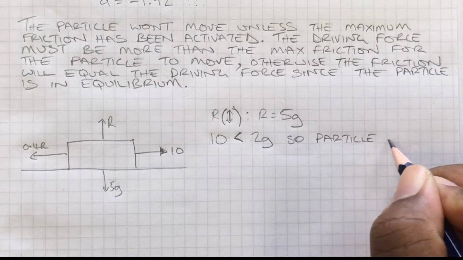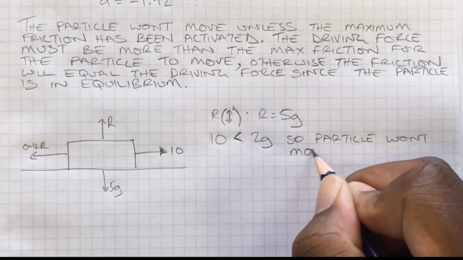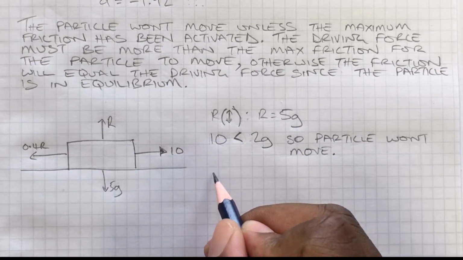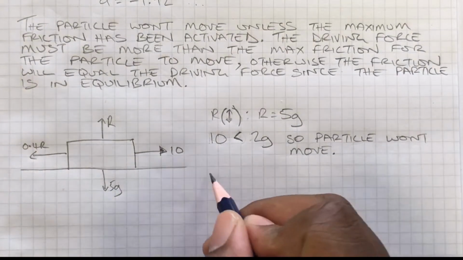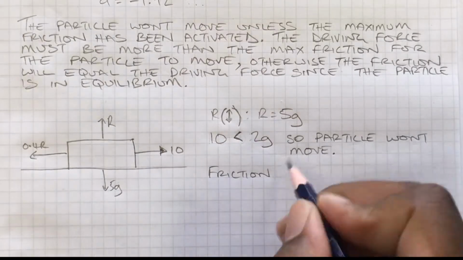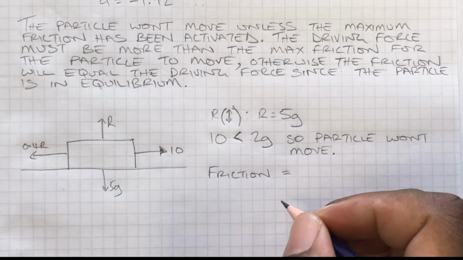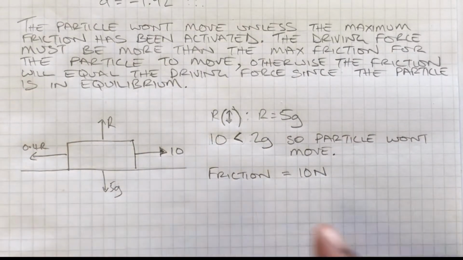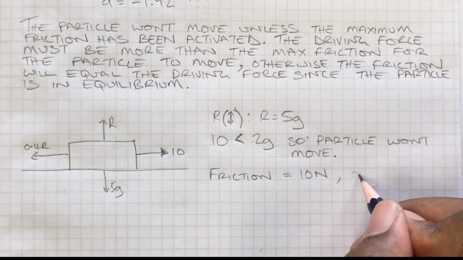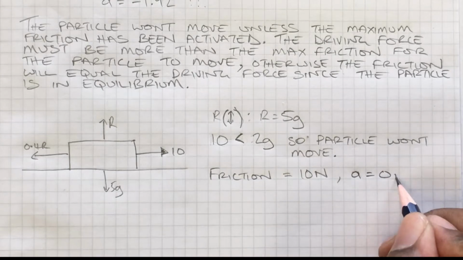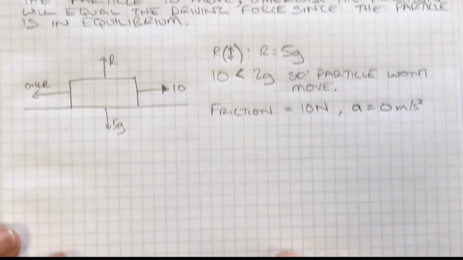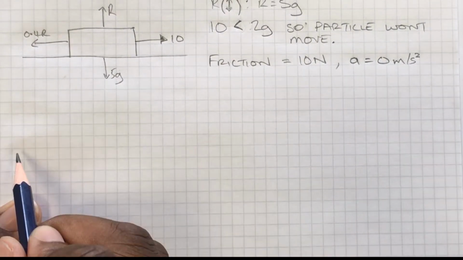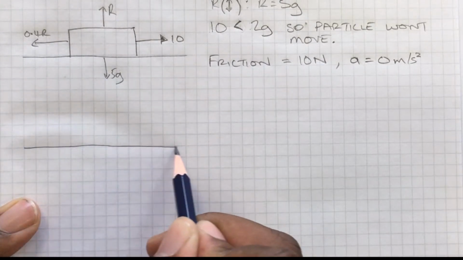So actually, this particle will not move. This particle is not in motion, so it's in equilibrium, which then means that the friction must equal that driving force. The friction equals 10 newtons. Okay, no need for Newton's second, no need for F equals ma. The friction is just 10 newtons. Acceleration is 0.